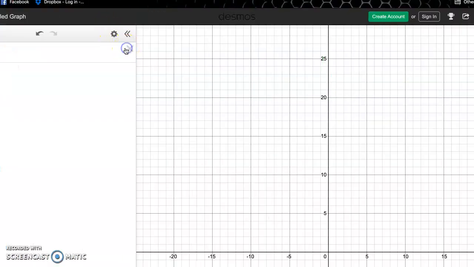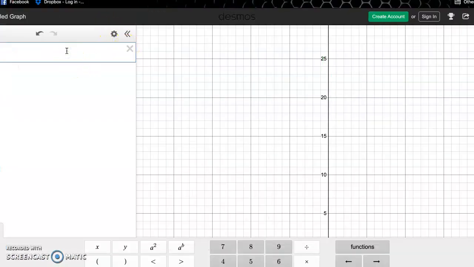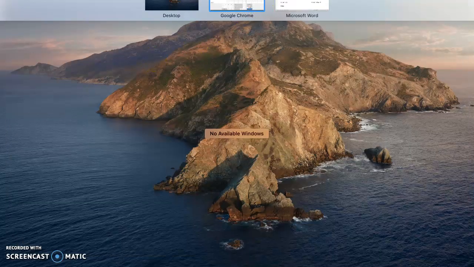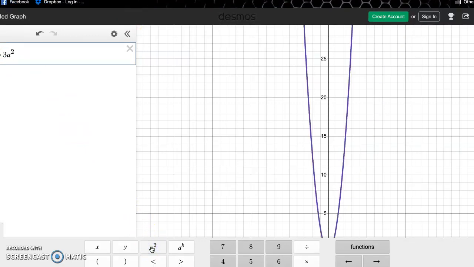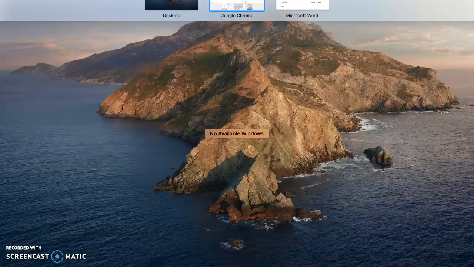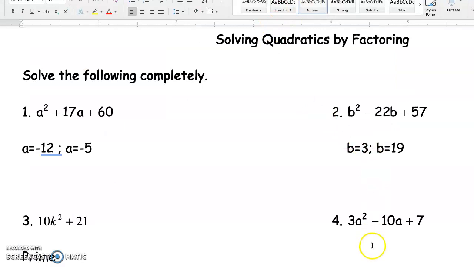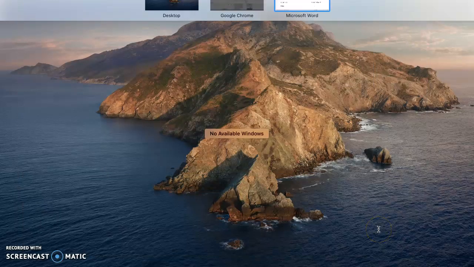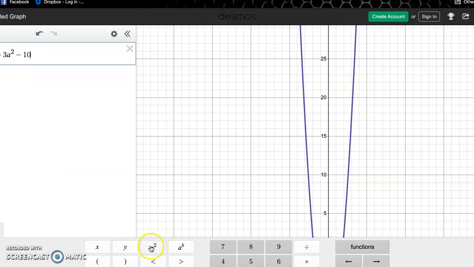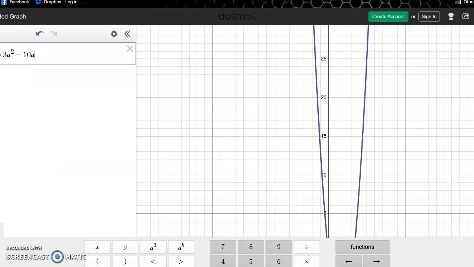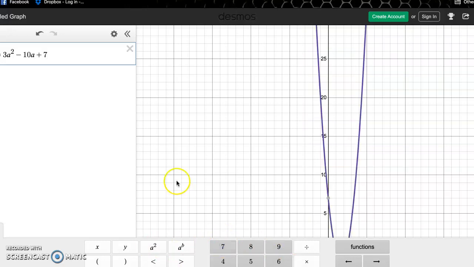So again, I'm going to X that out and put in y is equal to, and my next problem is 3a squared, and just so I put it in correctly, minus 10a plus 7.